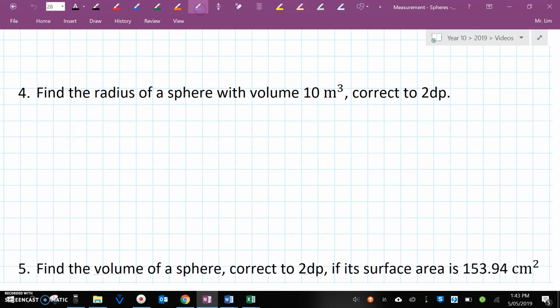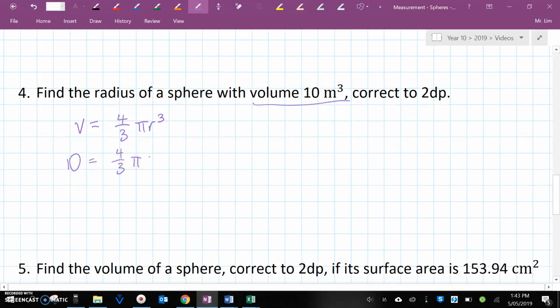Question 4 says, find the radius of a sphere with volume 10 meters cubed corrected to 2 decimal places. So we're given the volume. The formula for the volume of a sphere is 4 over 3 pi r cubed. And so we're going to replace that V with a 10, because the question says that the volume is 10. So 10 is equal to 4 over 3 pi r cubed.